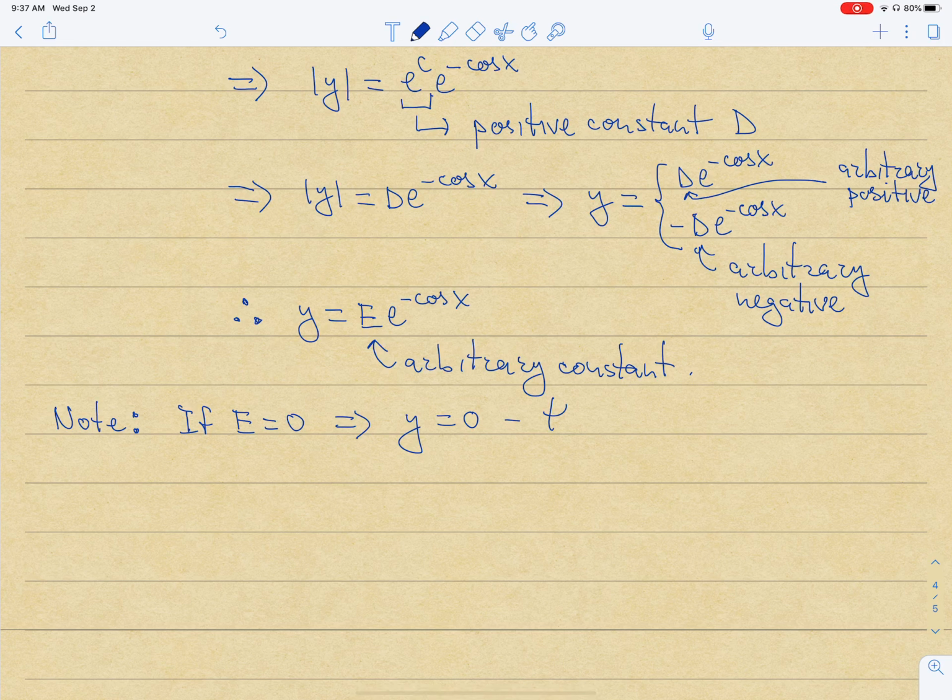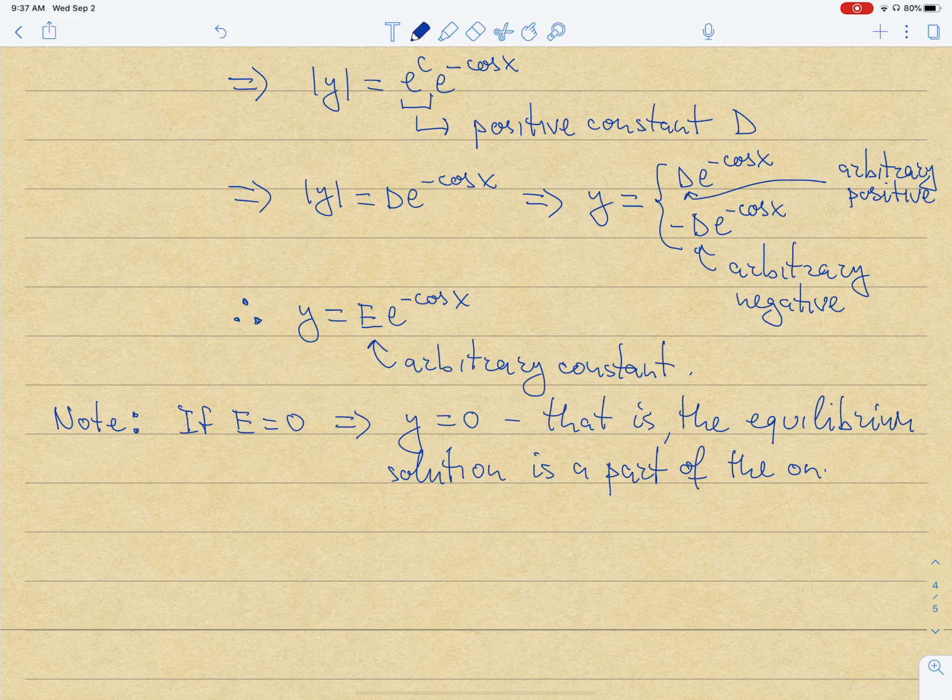So that is my equilibrium solution is now a part of the one parameter family of explicit solutions.